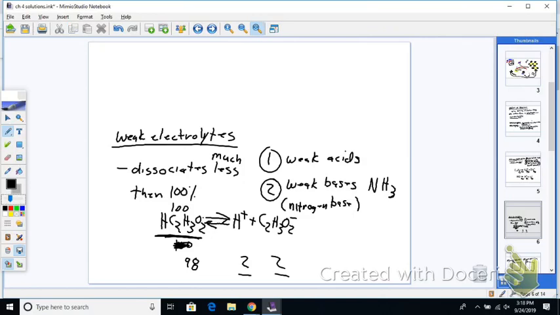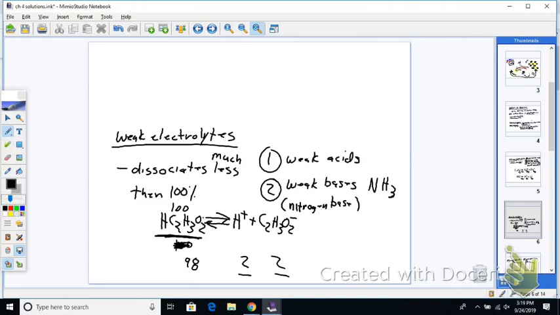What that means is it's still got a lot of those molecules in there. So what would you think the light bulb would do? Pretty dim, right? See how dim it is?